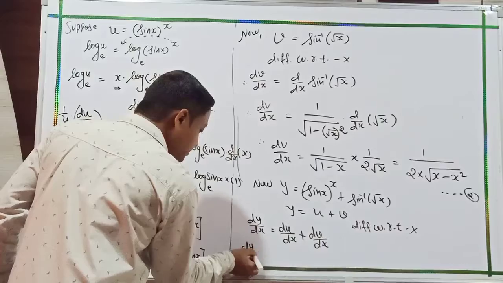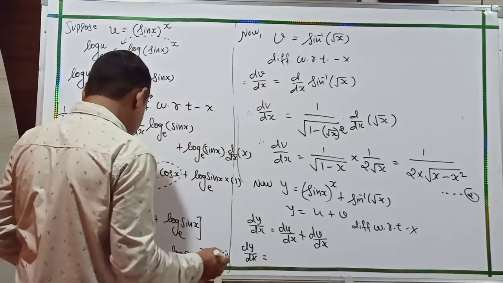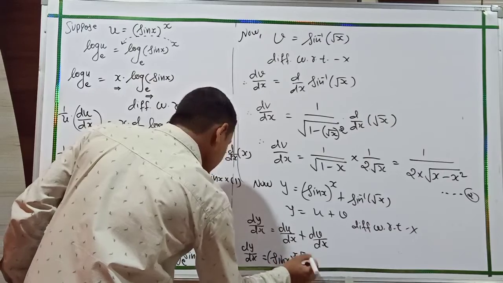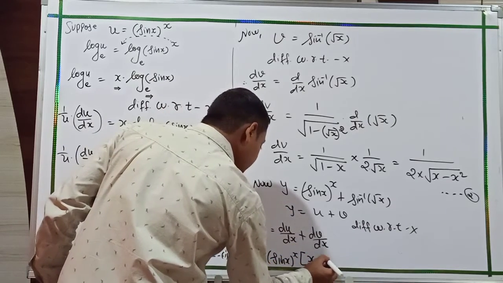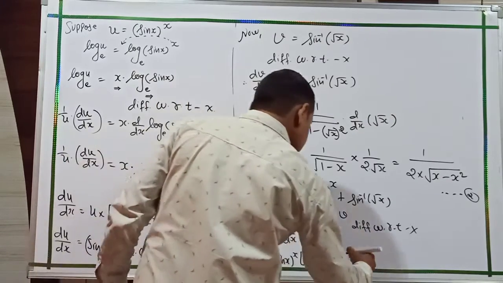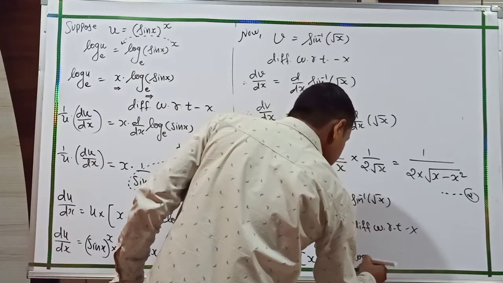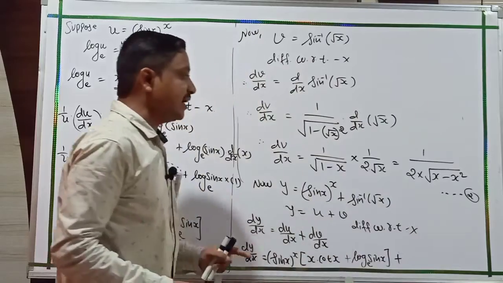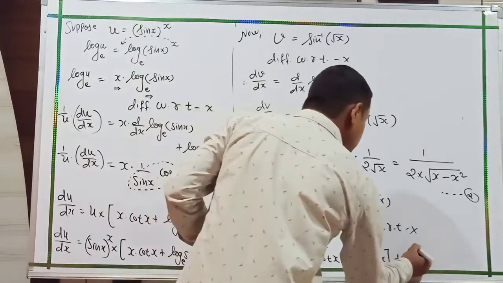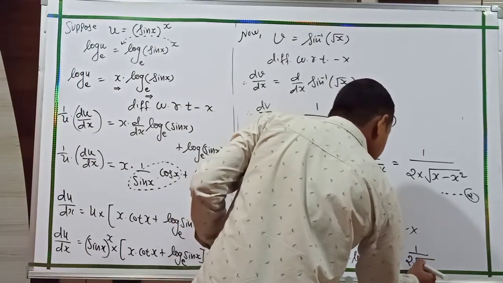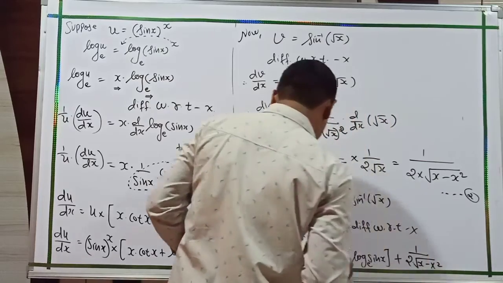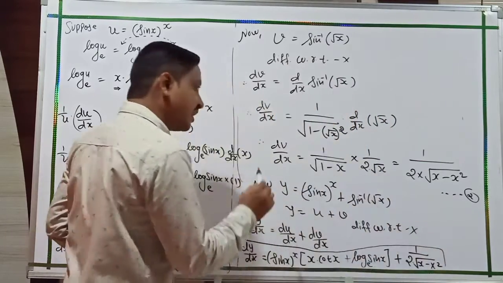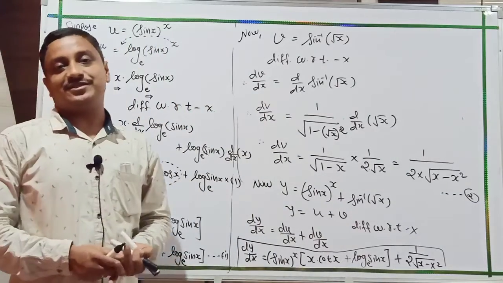So dy by dx, my first answer is sin x to the power x into x into cot x plus log of sin x to the base e, and plus dv by dx is this, 1 upon 2 under root x minus x square.